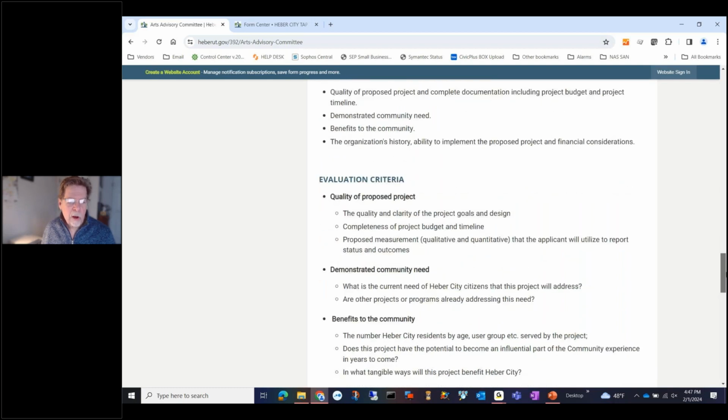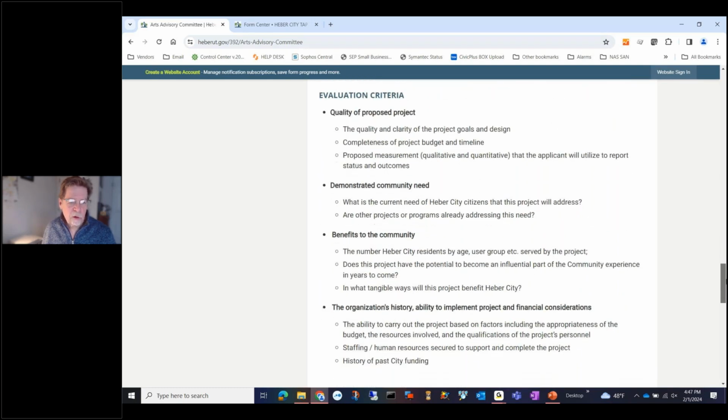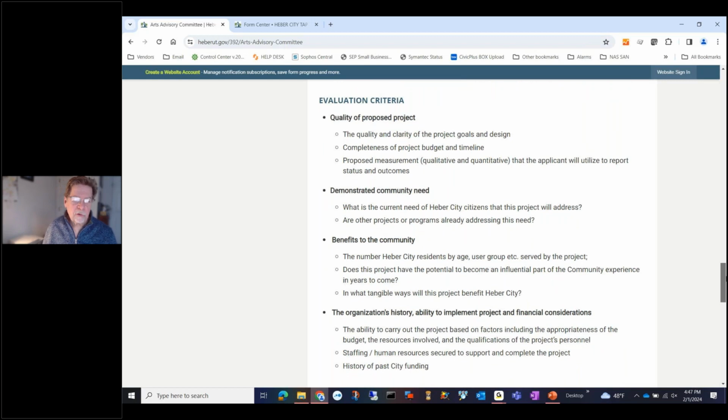When we talk about quality of project, we're looking for the clarity of the goals and the design of the project. We're looking for, not necessarily exhaustive, but clearly representative of good thinking of what things cost, and with that also how time will be used to make it happen. And then here's probably an important aspect that we'd like to understand best.